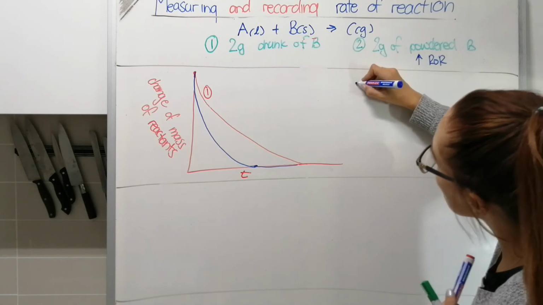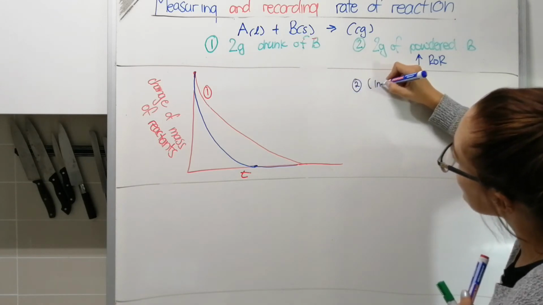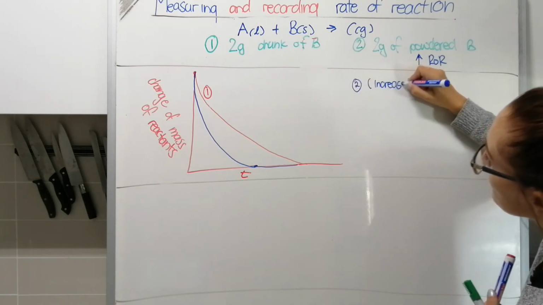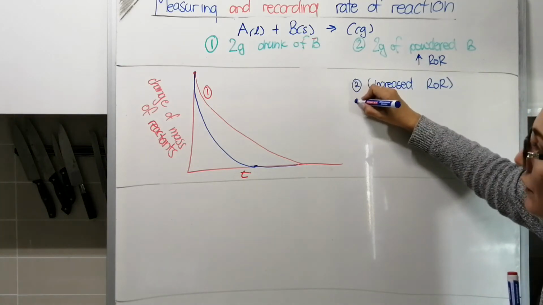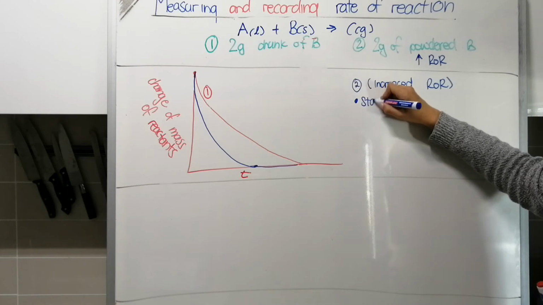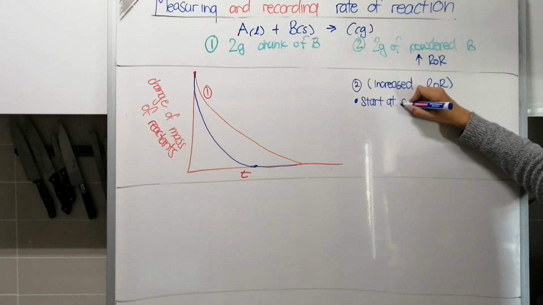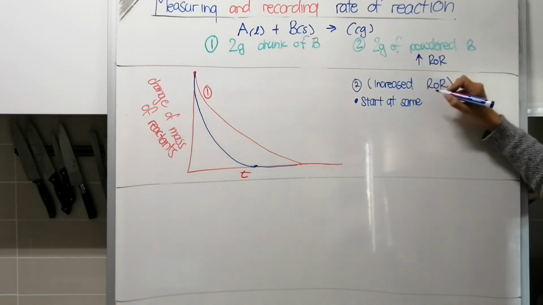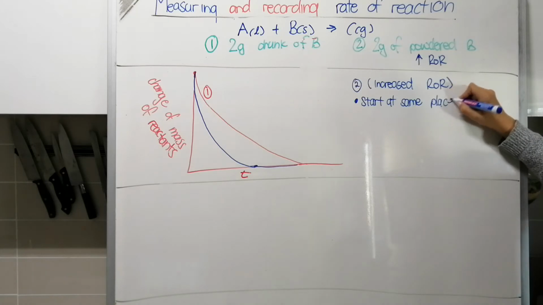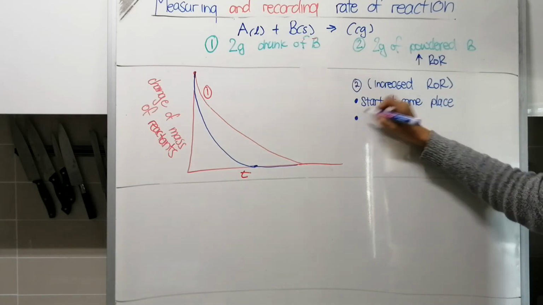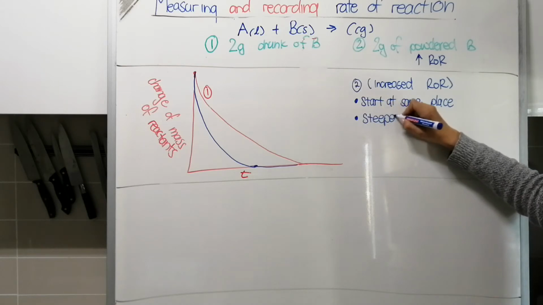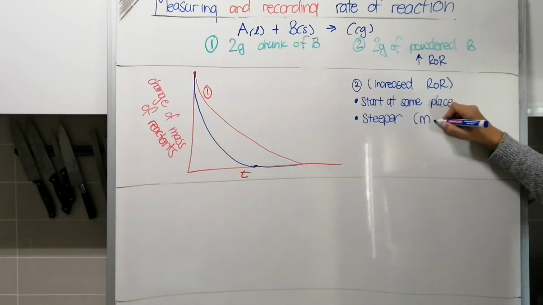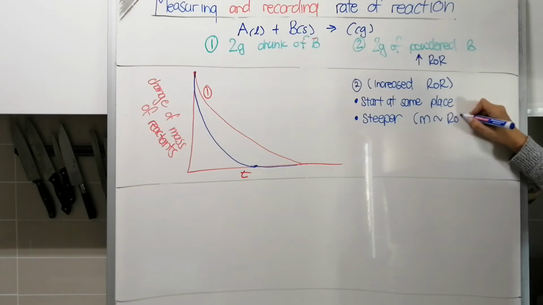So for reaction 2, the increased rate of reaction is going to affect the graph in 3 ways. Number 1, we start at the same place. Okay, the mass of A and B is still the same at the beginning. The second thing is that our graph must be steeper because we know that the gradient is basically our rate of reaction.